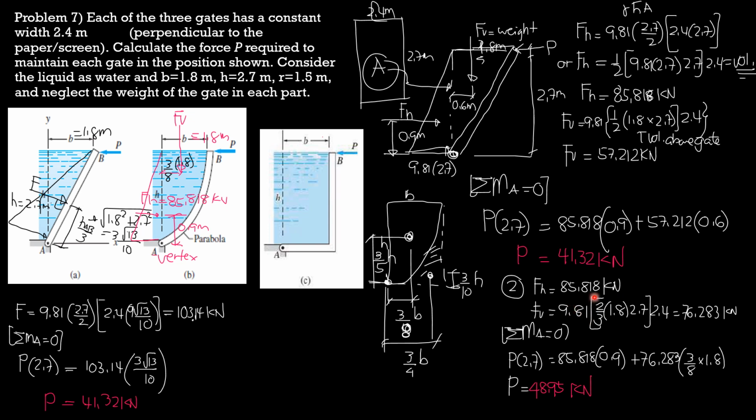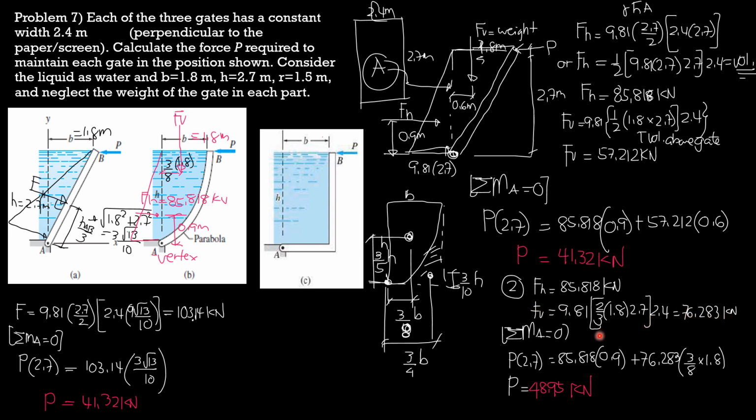So FH is the same. Then FV, specific weight times volume. Volume, area of parabola, 2/3 base 1.8, height 2.7 given. Then perpendicular to the screen 2.4. So that's the volume. FV is 76.283 kilonewtons.